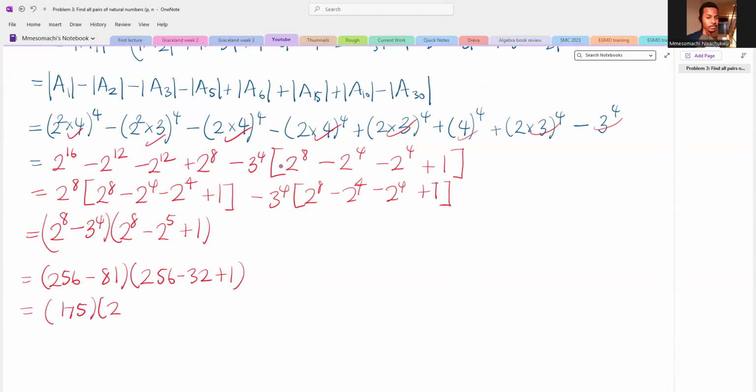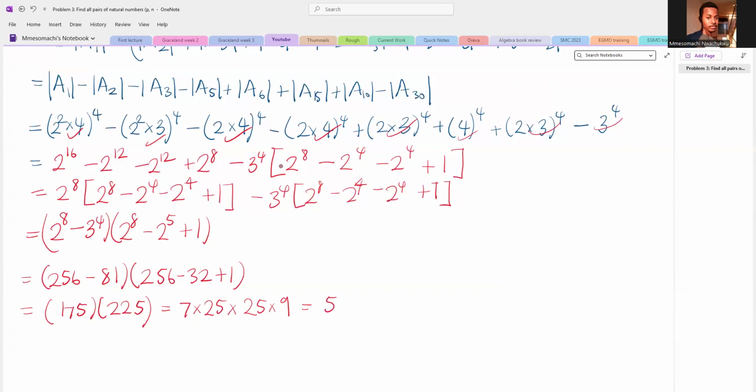This is going to be 225. Okay. So this is equal to, so 175 is 7 times 25. 225 is 25 times 9.